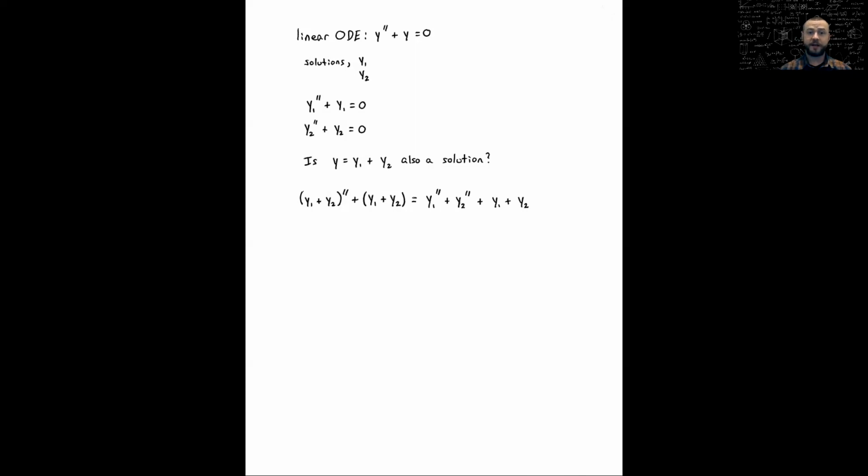All right, so let's check. We're going to be replacing y everywhere in the differential equation with y1 plus y2. If you're careful with your derivatives and parentheses, we get to here. Notice in the first term, because we are adding y1 and y2, we can just successively differentiate each term.